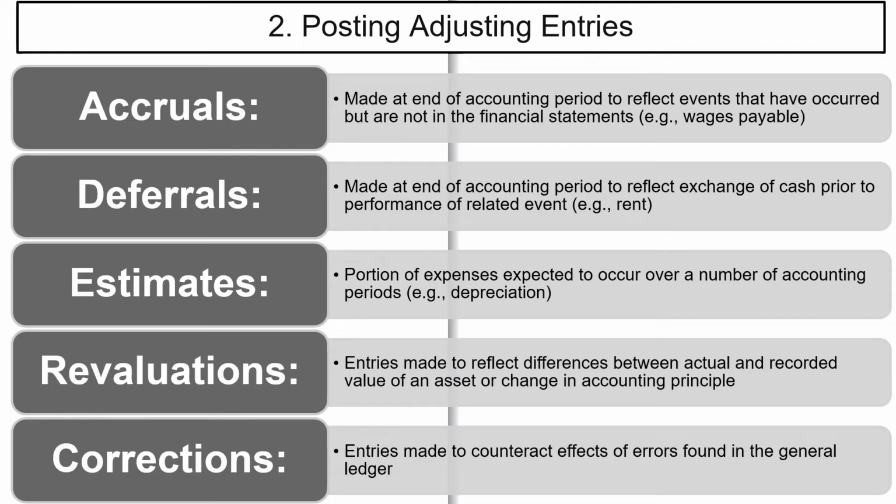So accruals, for your information, or just recall, I believe everyone here understands what accrual is. Accrual is made at the end of the accounting period to reflect events that have occurred but are not in the financial statement. For example, wages payable or salary payable, which we need to pay.